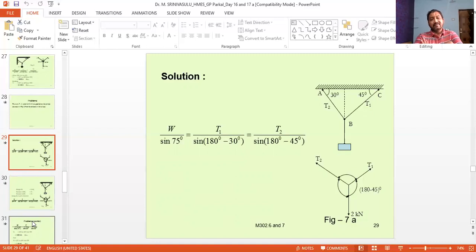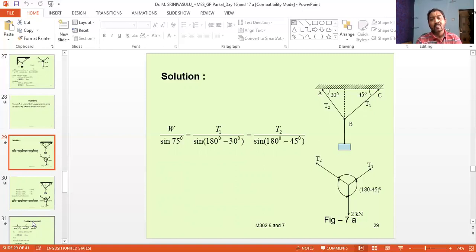So for this, first let T1 be the tension developed in the string BC, and T2 be the tension developed in the string AB.